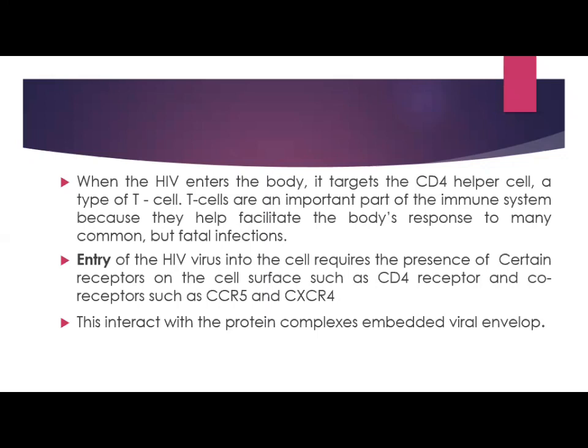So once the virus enters the body and goes into the bloodstream, for it to enter the cells it will require receptors on the surface of the cell, the CD4 receptors, where there will be attachment of the virus and the cell.